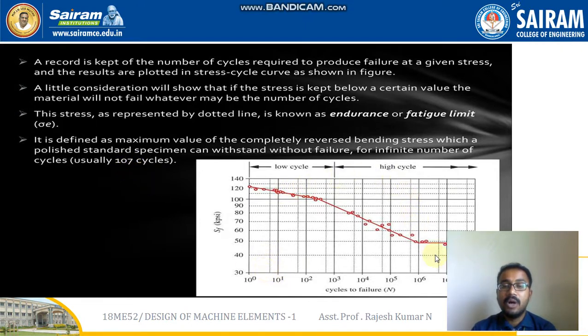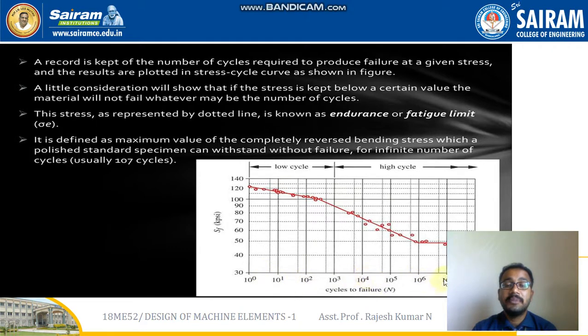Let us have a look at this particular graph. The x-axis is the number of cycles: 10, 100, 1000, 10,000, 1 lakh, 10 lakh, and 1 crore.